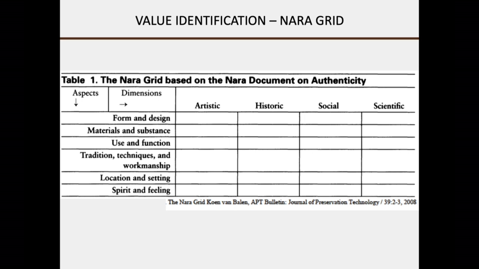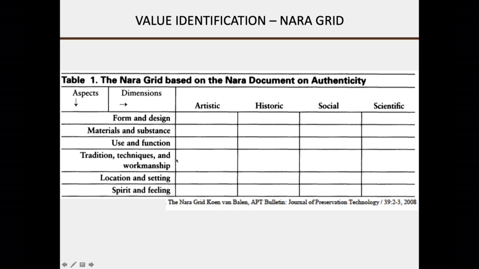The Nara Document addresses a broader understanding and assessment of value and authenticity of cultural heritage, especially in relation to conservation. By broader understanding, I mean, for example, that it helped introduce the value of craftsmanship to the Western approach to preservation, in which conservation of original material and fabric used to have a higher value and importance.